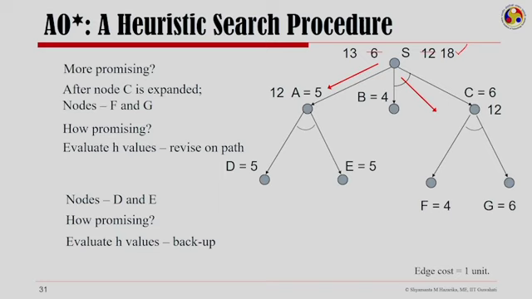This makes me jump to the other side that I had already come up to, A, and the search now comes this side. So, I look at evaluating nodes D and E and see how promising they are, and then back up their age values. So, this is the basic idea of the first portion of the algorithm, where we look for a top down partial graph exploration.